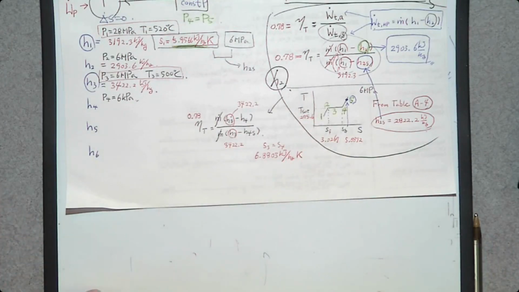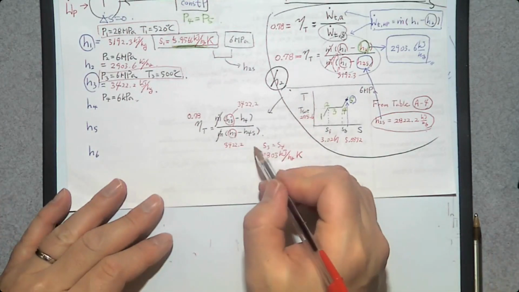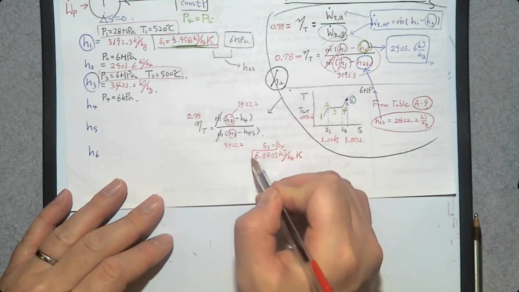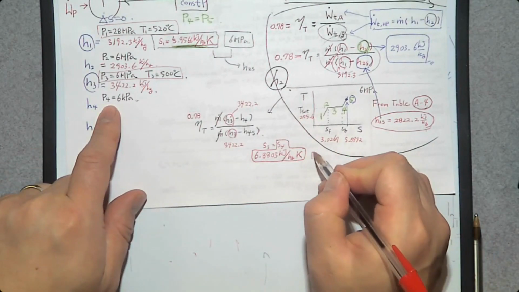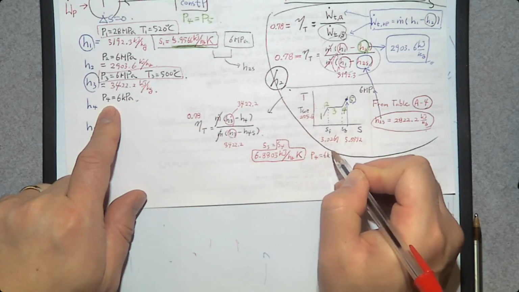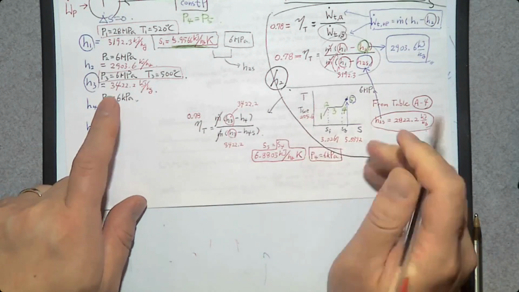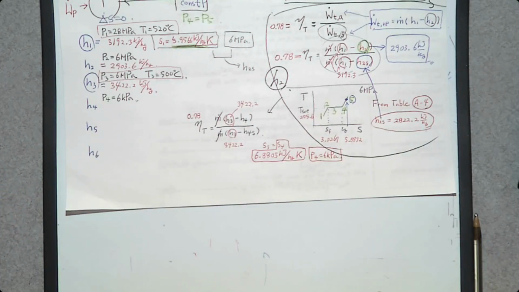So how many property values do we have? We have s4 and we have pressure P4, which is 6 kilopascal. Since we know two property values, can we determine h4s? Yes, we can.